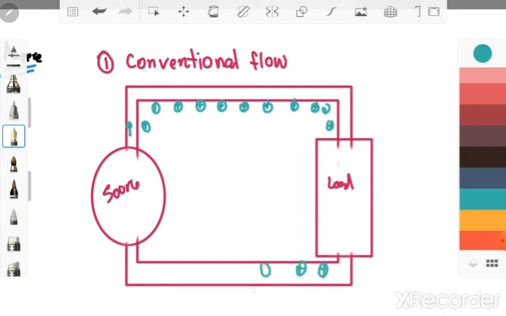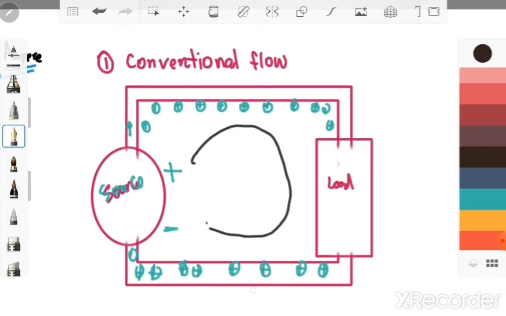Theoretically, what moves there is your electron. This will be your positive source. See? Your charge will move from positive to negative. That is your conventional flow.